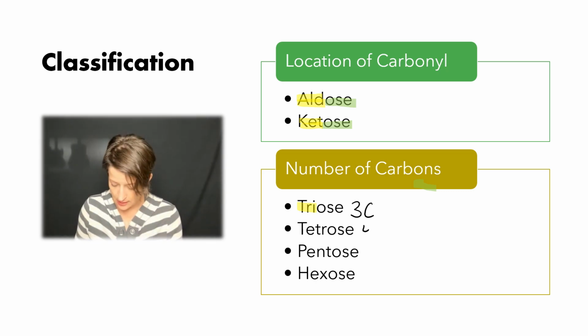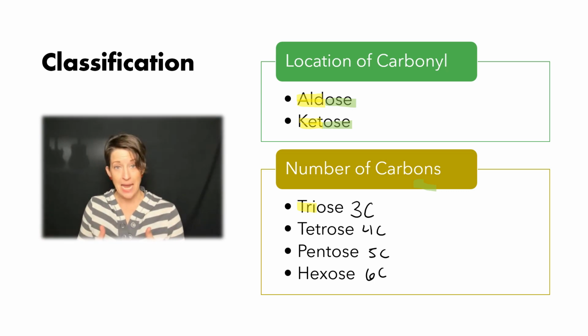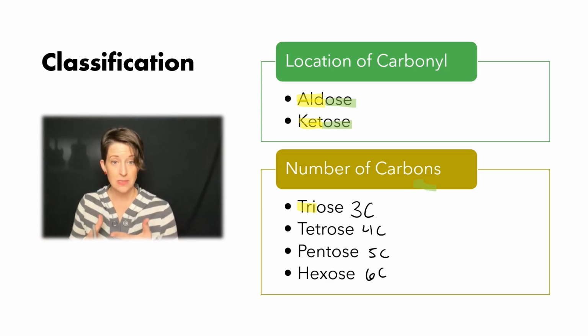Tet is a 4-carbon monosaccharide, pent is a 5-carbon, and hex is a 6-carbon monosaccharide. We can then combine those 2 names in order to know the number of carbons and what type of carbonyl will be in the monosaccharide.